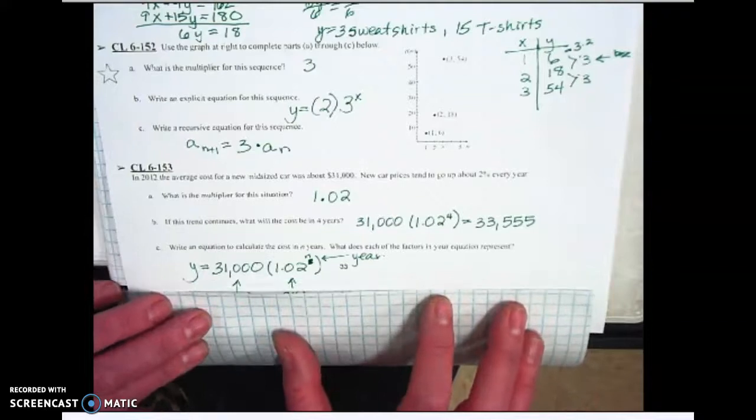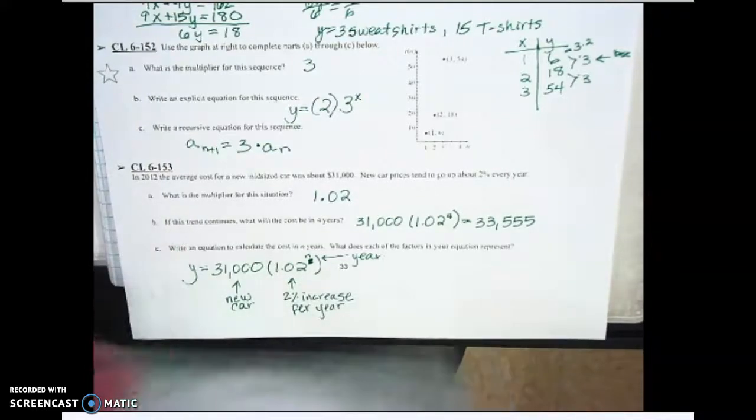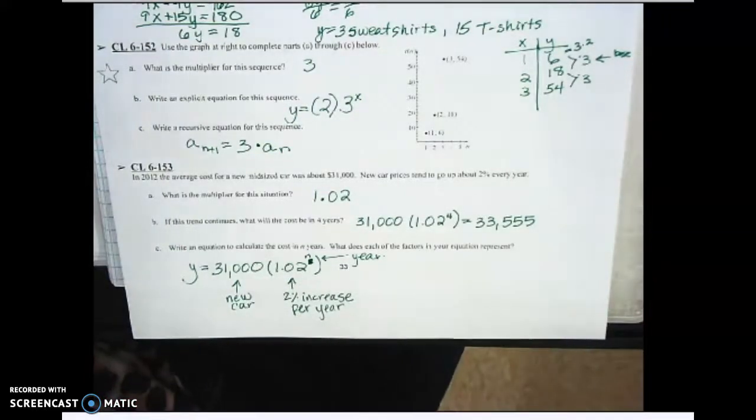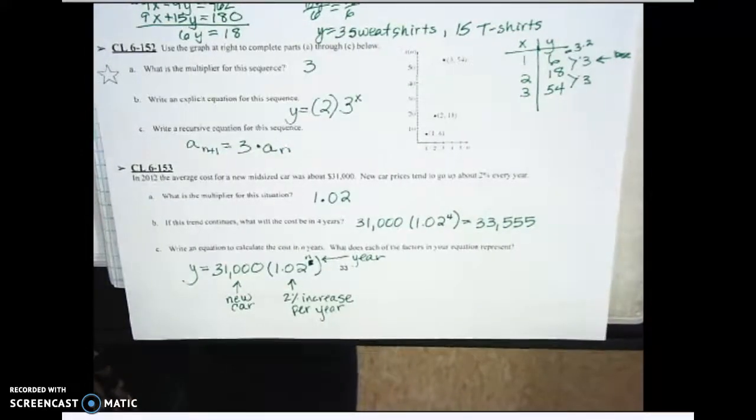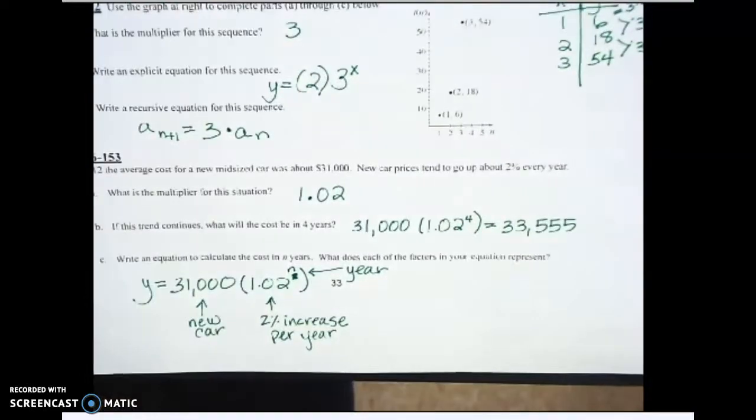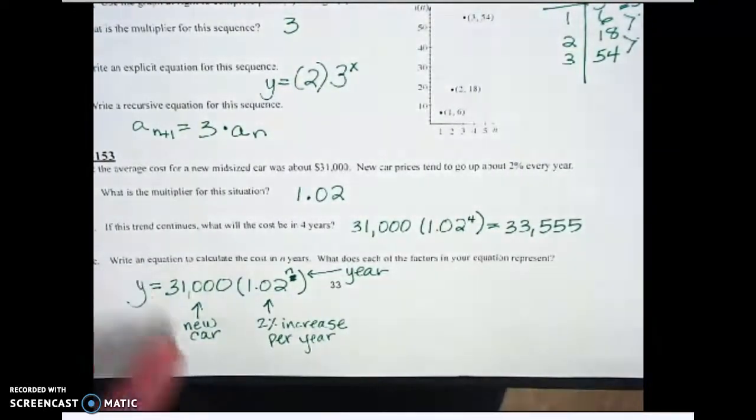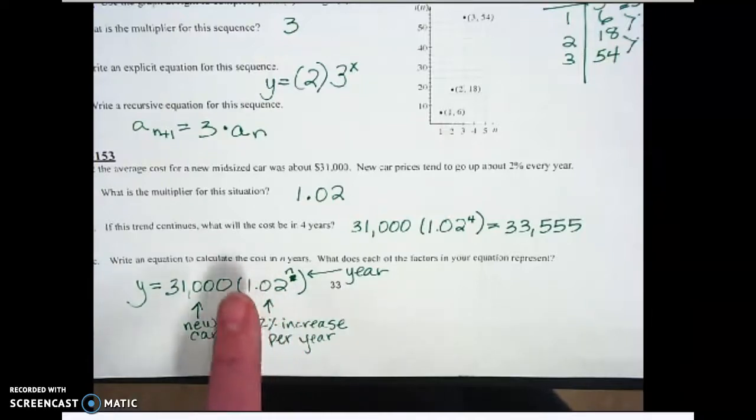Write an equation to calculate the cost in years, N, and they use N. Sometimes I like to use X, but they use N. What does each of the factors in your equation represent? So the 31,000 is the price of the new car in 2012. The 2% increase every year is the 0.02, but you want to multiply it by 1.02. And then the exponent is whatever year they want you to calculate.